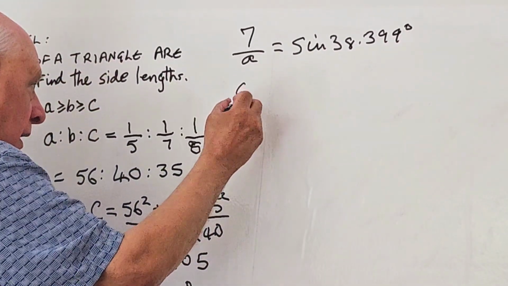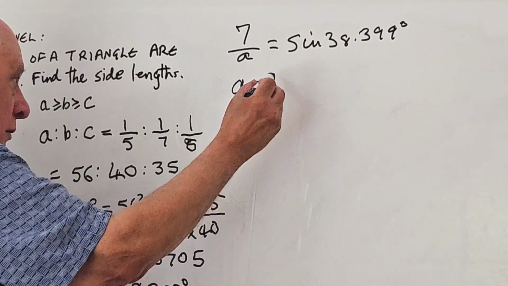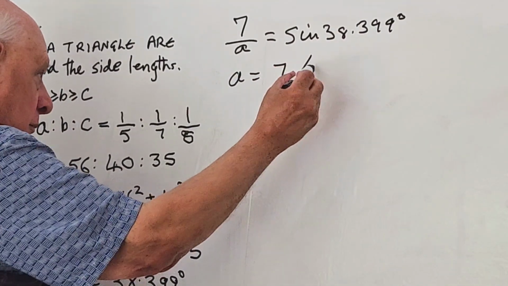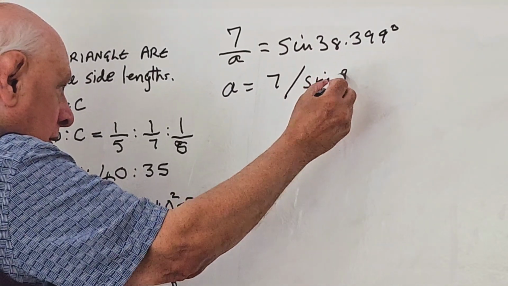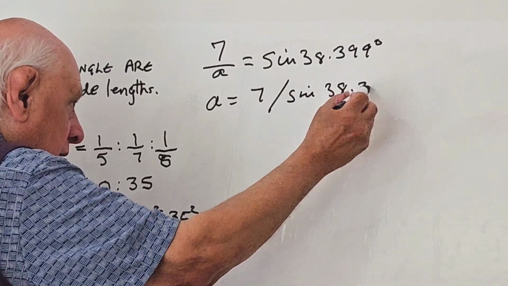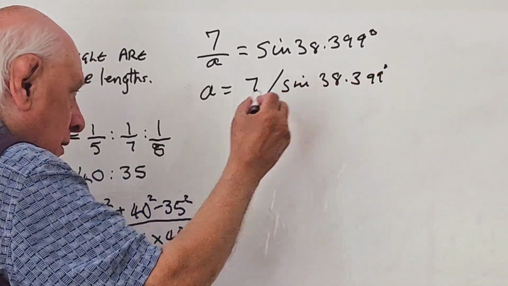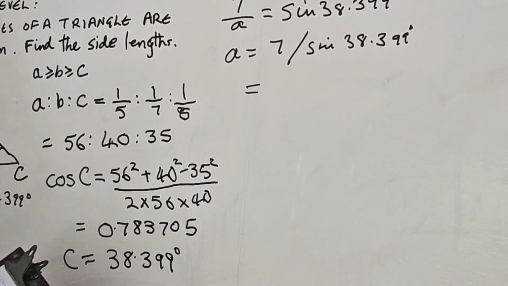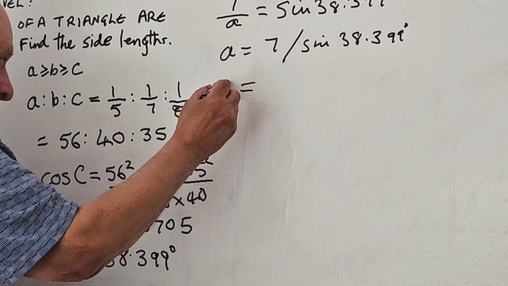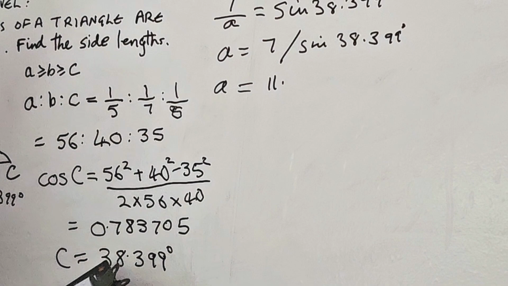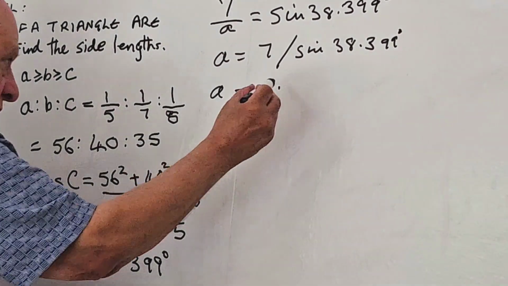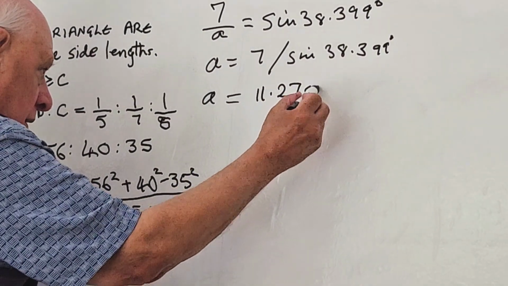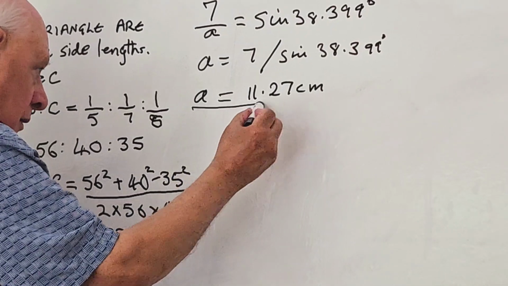So that would make A equal to 7 divided by sine of 38.399 degrees, and our calculator gives us the answer A equals 11.27 centimeters. So that gives us one answer.